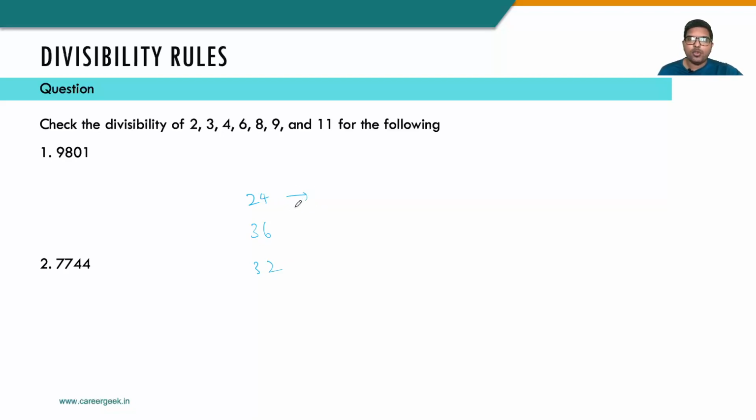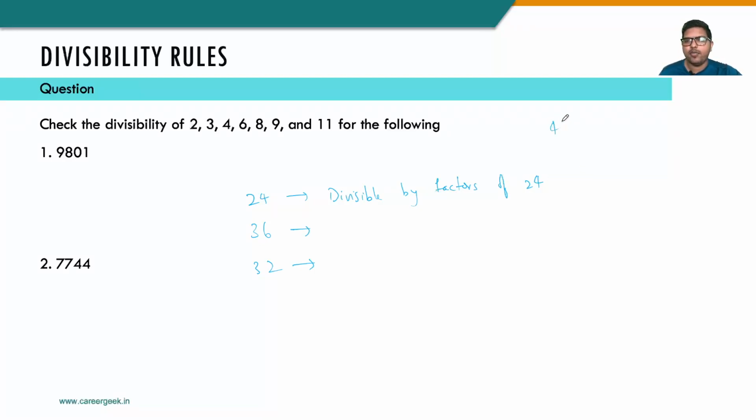Now there are no rules for this, but if some number has to be divisible by 24, it has to be divisible by factors of 24. That is for sure, isn't it? If a number has to be divisible by 24, it has to be divisible by its factors, right?